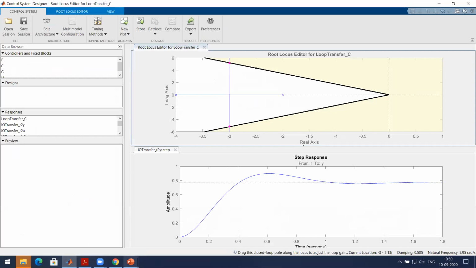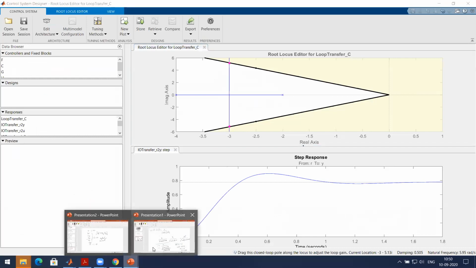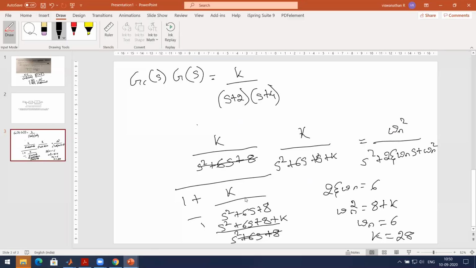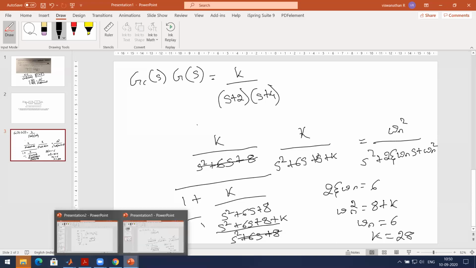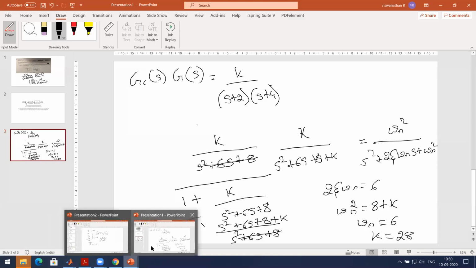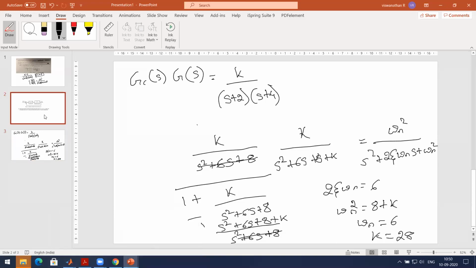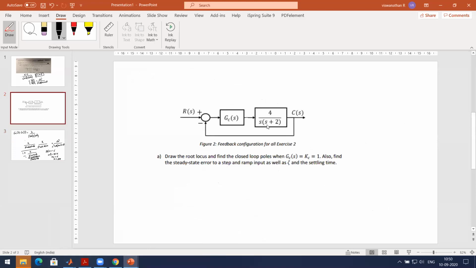But when you are doing it by hand, you have to take the closed loop transfer function and then solve it. So 4 divided by s into s plus 2. Okay, we'll try this.